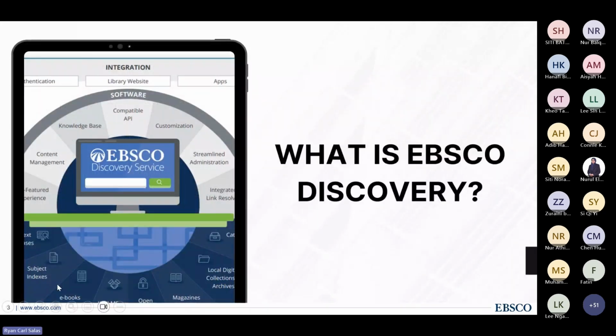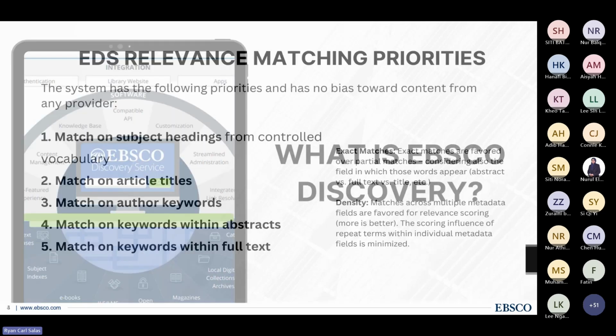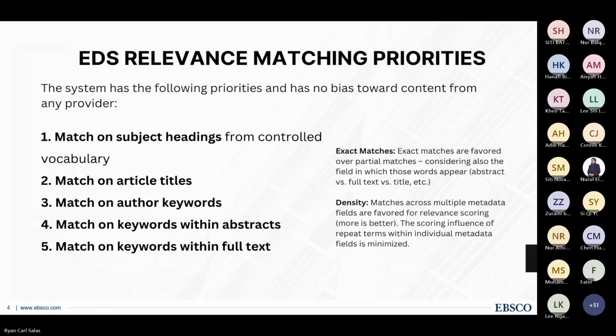Before we proceed with the live demonstration, I'd like to provide you with a brief background and overview of the EBSCO Discovery Service. So what is the EBSCO Discovery Service? EDS is a discovery layer that is designed to provide us access to your library's electronic and even your print collection through a single interface.